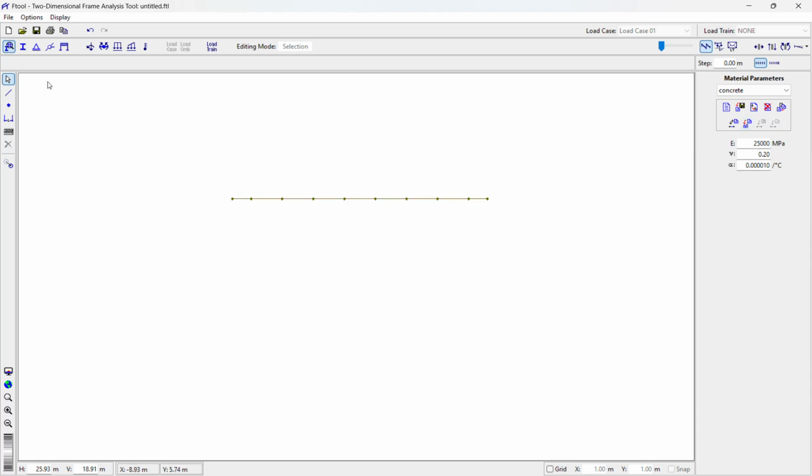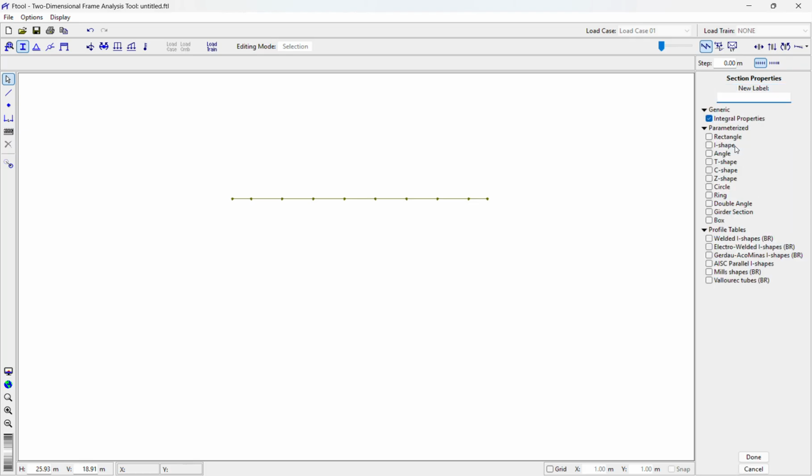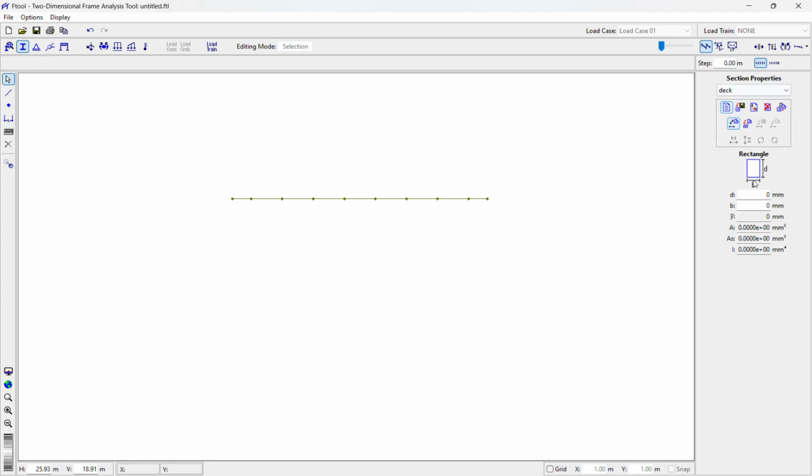We apply the material. Section, create a new section, rectangular section, done, a depth of 160 millimeters, and then you assume 1 meter B. Choose our sections, apply.